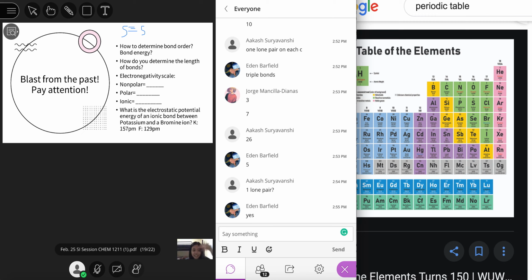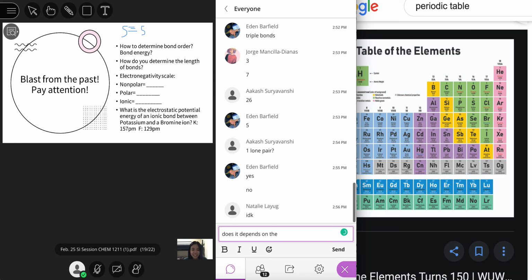The bonds. If you don't know, you can just write, I don't know. Okay, bond order for this, you're just going to count each single bond, so that's 3. The bond order of this is 3. That's pretty much it.